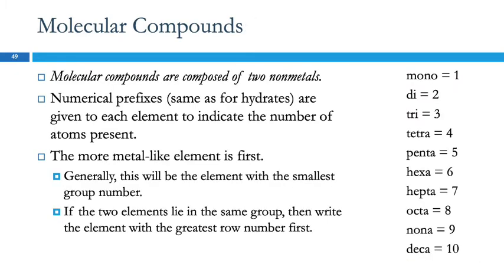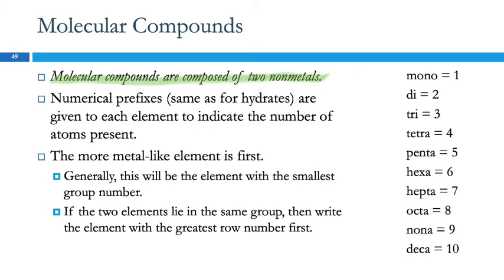How do we identify molecular compounds? In Chem 1A, molecular compounds are composed of 2 nonmetals. We'll see some things that have 3 nonmetals. Those are not going to end up being molecular compounds, at least not named that way.